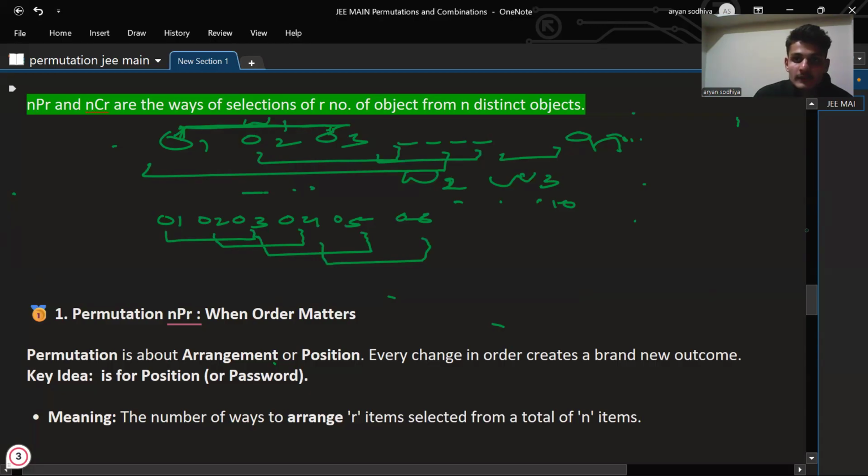The formula is n factorial upon n minus r factorial upon r factorial. This is grouping 3 out of 6, meaning how many groups you can make. There are 6 objects and you need to group in 3.